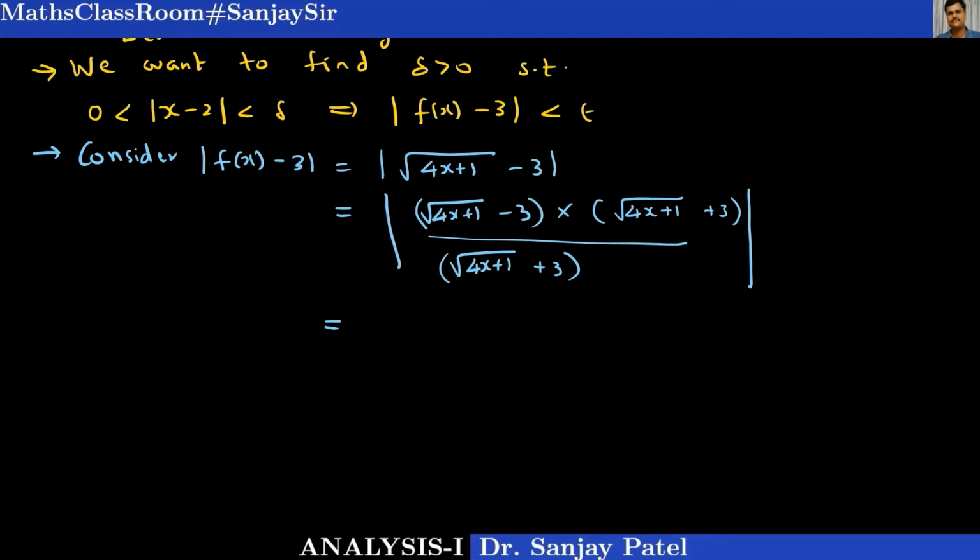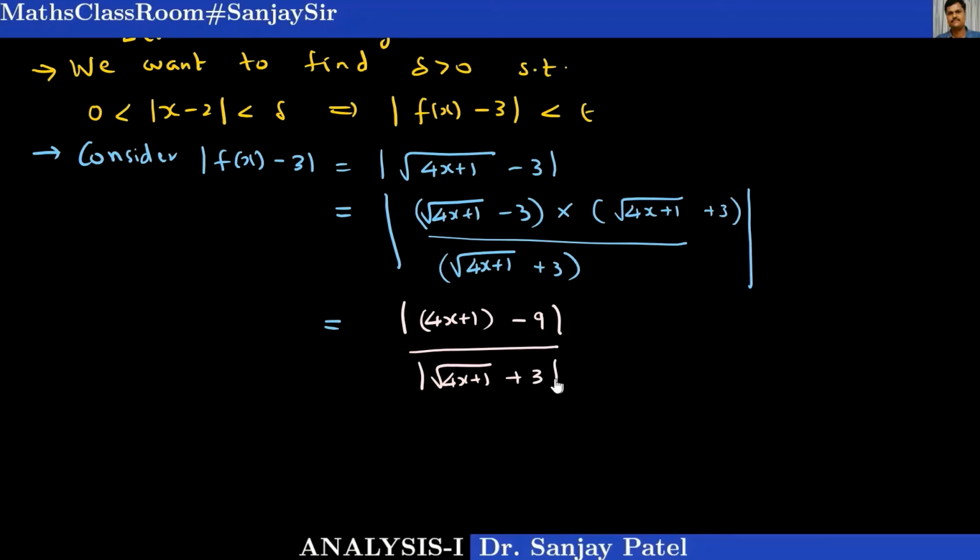Simplifying this, we'll get a square minus b squared. So it is equal to 4x plus 1, the square root will be removed, minus b square, that is 9, upon mod of square root of 4x plus 1 plus 3.